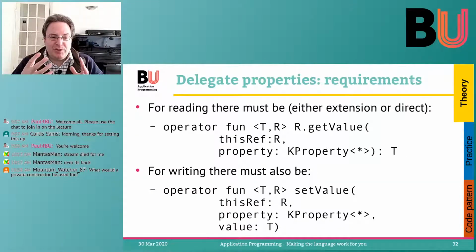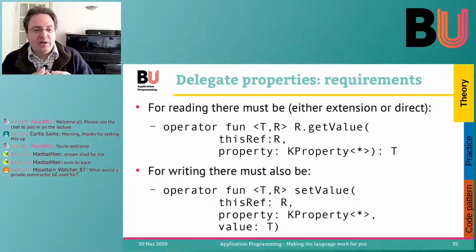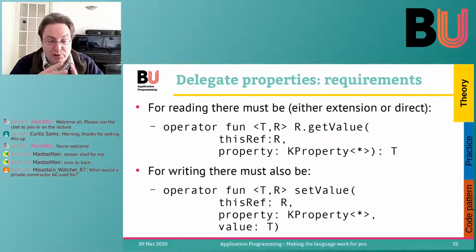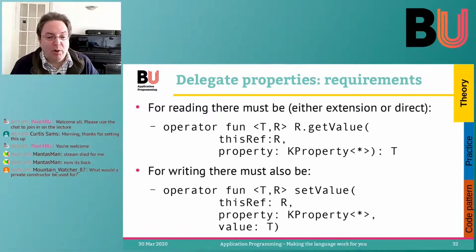So what is required to make this work? The delegate needs to have an operator getValue with this particular signature. It needs the parameter thisRef. Look also at the documentation of course. The implementation of that operator will get the reference to the object on which the property is declared, as well as a property object.